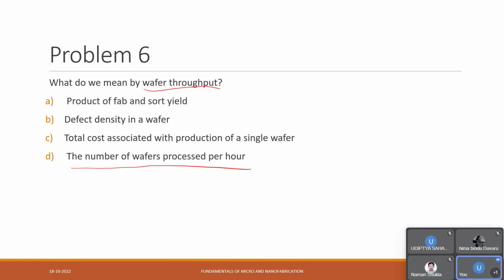These big Intel labs have very high throughput systems, and that's how they sustain their costs, because they have very high end clean room and fabrication facilities. So option D would be correct.